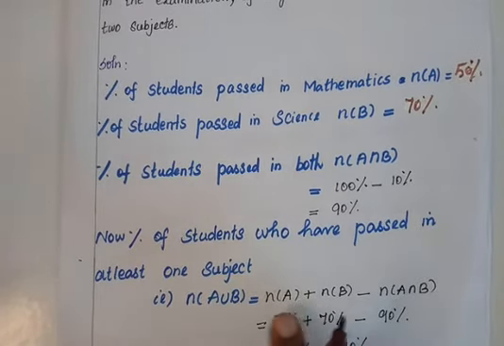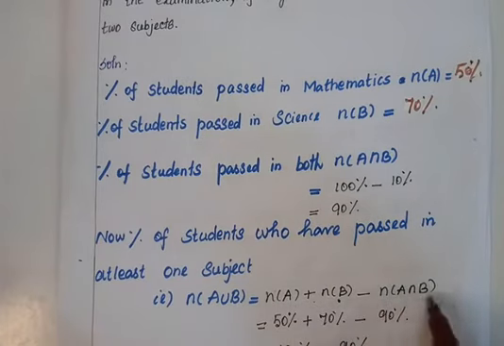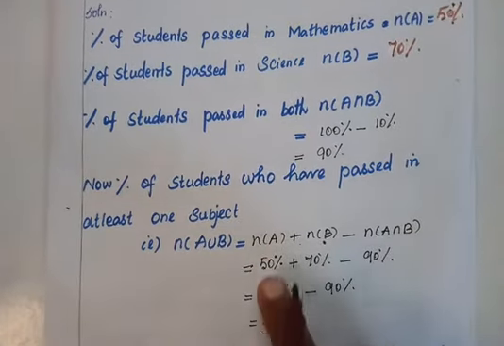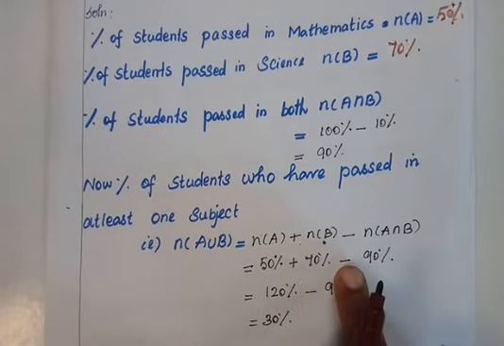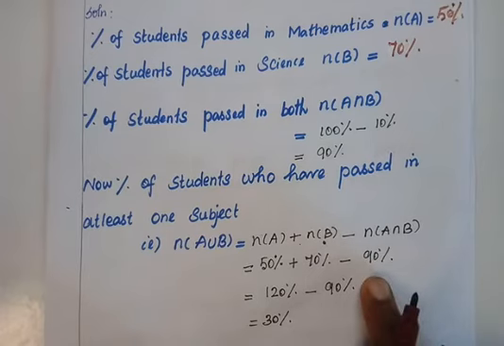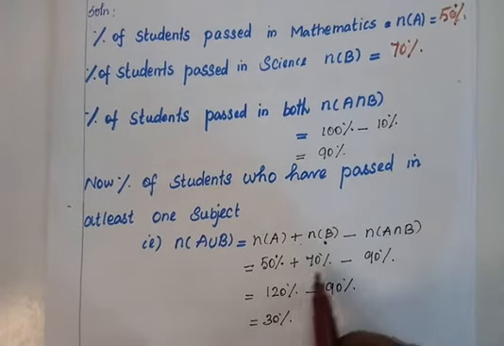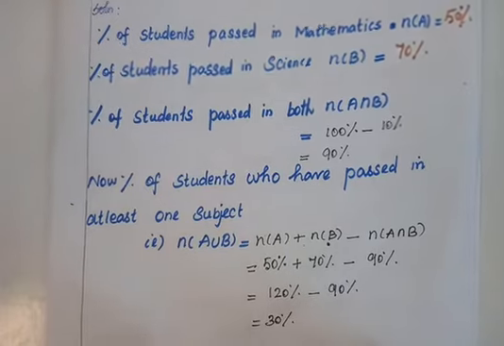The formula is n(A) plus n(B) minus n(A ∩ B). n(A) is 50% plus n(B) is 70% minus n(A ∩ B) is 90%. 50 plus 70 is 120% minus 90% equals 30%.